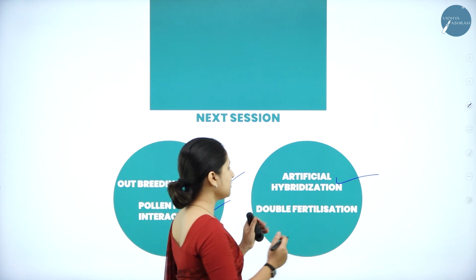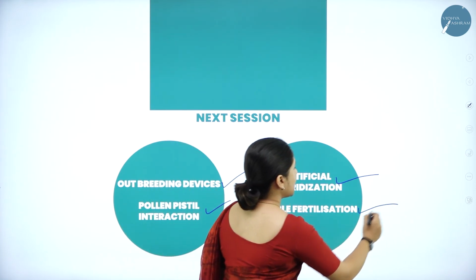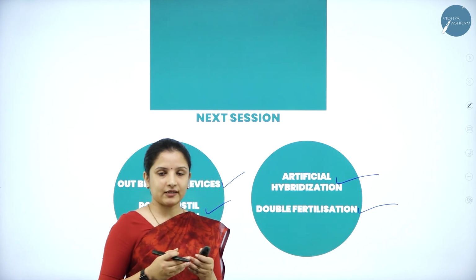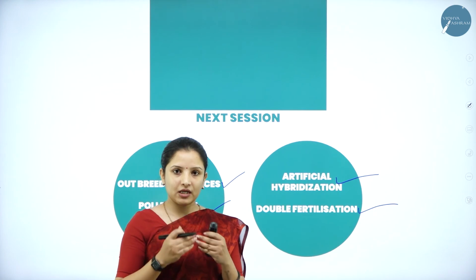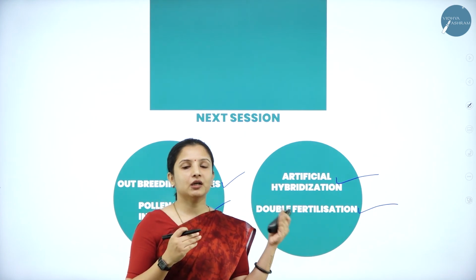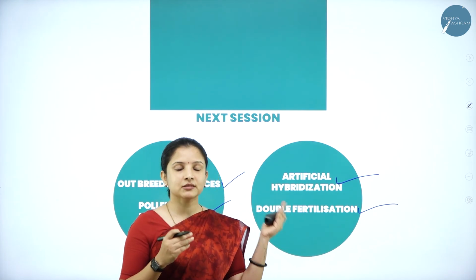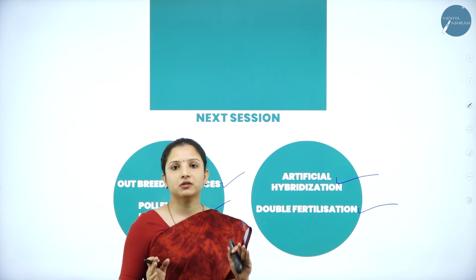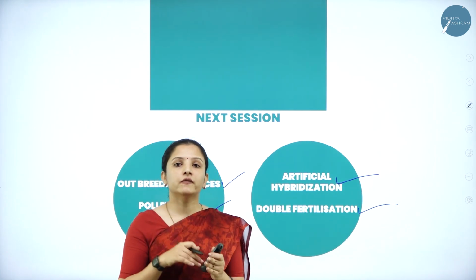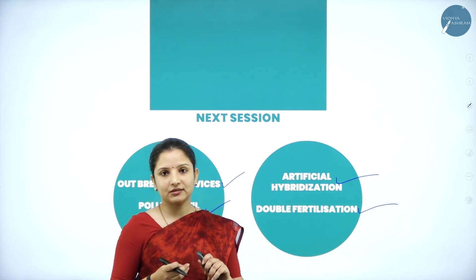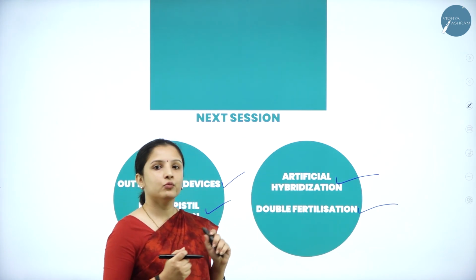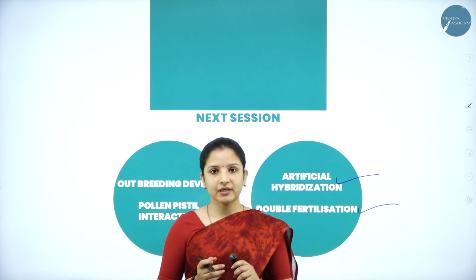We'll also study the next reproductive event. We have already studied the pre-fertilization events and completed them, so we'll move on to the fertilization event, wherein double fertilization will occur. All these we'll study in the next session.